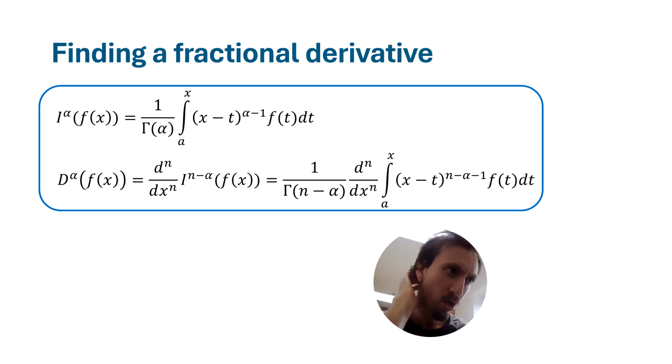Well, essentially, d to the alpha is kind of like, well, we are differentiating the n minus alpha integral n times, which is going to give us the minus alpha integral.